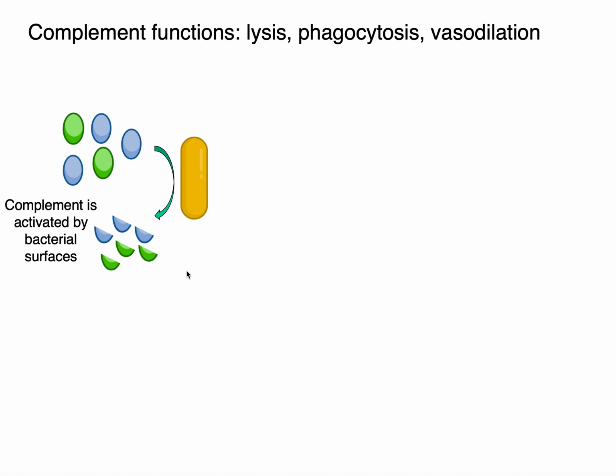So here we have a bacteria, and there are complement components that can be activated and undergo autocleavage when they recognize that bacteria. And so here we have, for example, some complement components that have generated cleavage components as part of a proteolytic cascade. Some of those cleavage products can attach covalently to the surface of bacteria.